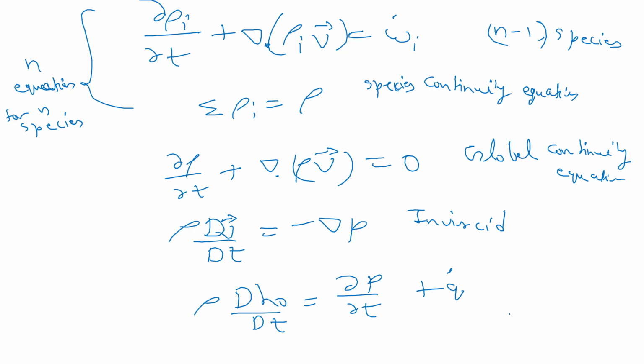Q dot is due to volumetric heating, and h naught is h plus V square upon 2. These are the governing equations for inviscid hypersonic non-equilibrium flow.